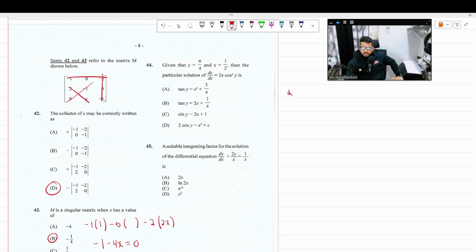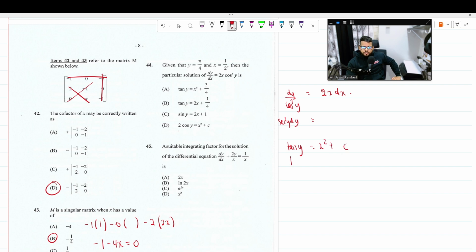So we're going to get dy over cos squared y is 2x dx. dy over cos squared y is going to give me sec squared y dy. When I integrate this, I'm going to get tan y is equal to 2x squared on 2. We're going to get x squared plus c.